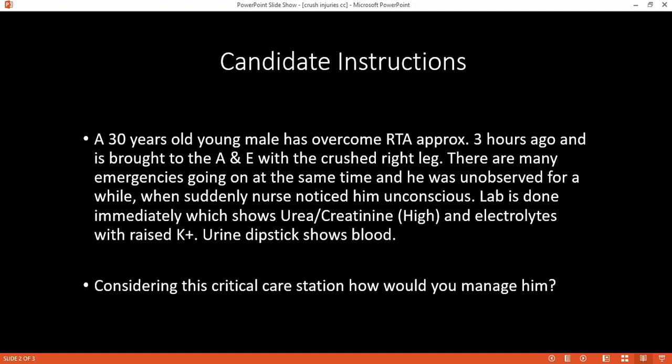Can you tell me how frequently would you ask for the lab to follow up the patient? I will do hourly ABG, and then serum creatinine, creatinine kinase.